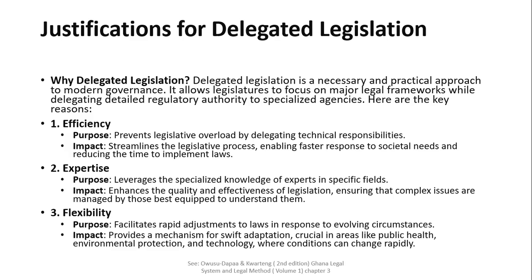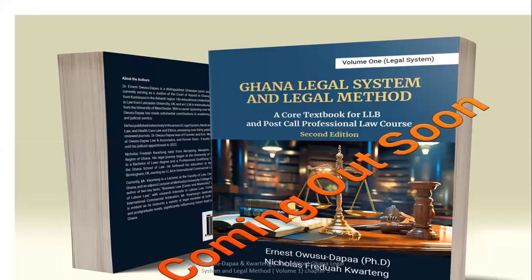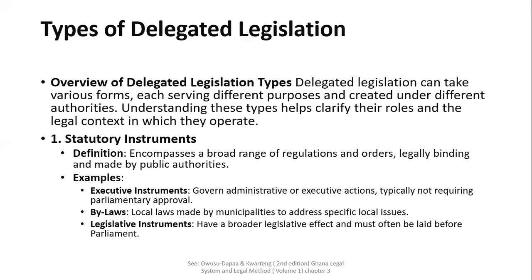Now, if after 21 sitting days Parliament does not annul it, that is, abrogate it, then automatically it will enter into force. And Parliament cannot make amendments to it. It can either approve it or reject it outright. So you notice that it's relatively simpler to get delegated legislation done, as it were.